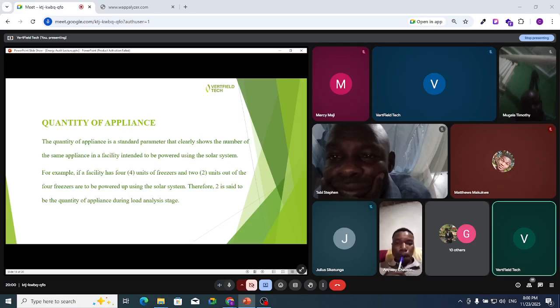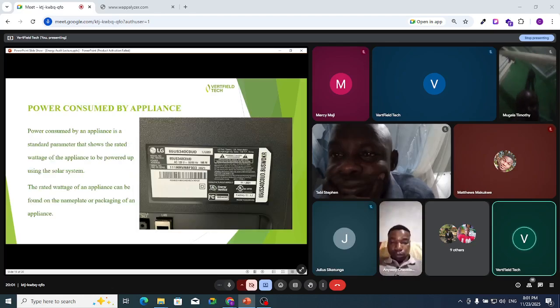On my screen, the picture you can see there is a typical nameplate of an LG TV. This is the time to know those who have really followed up with the explanation. Who can give us the power consumed by this LG TV from the nameplate?